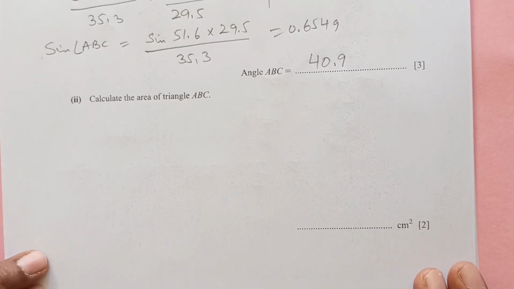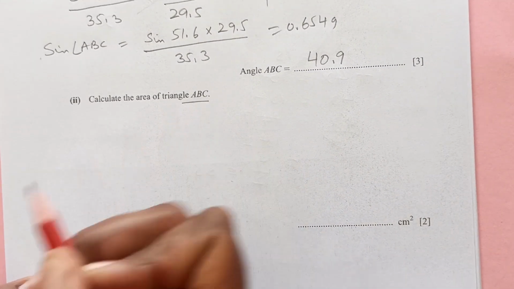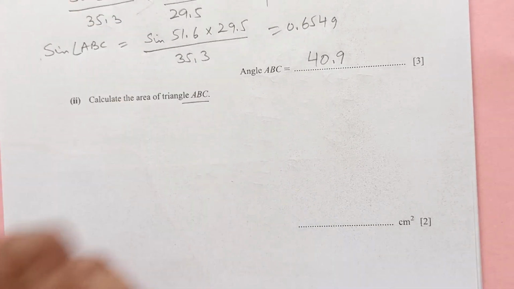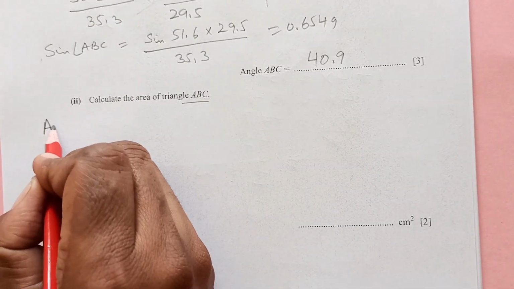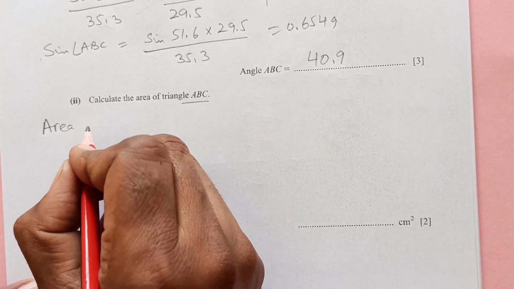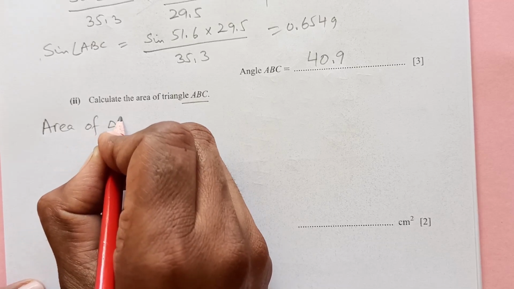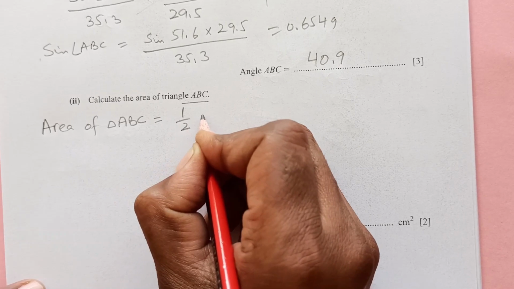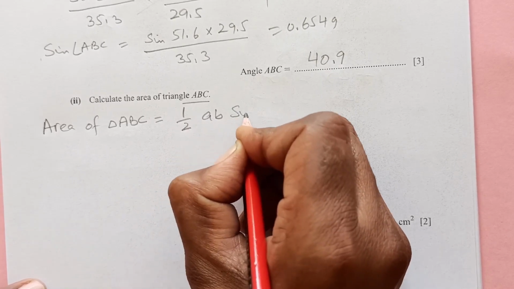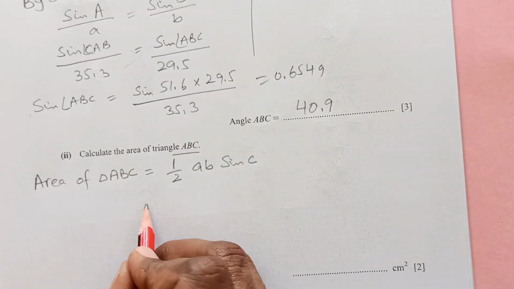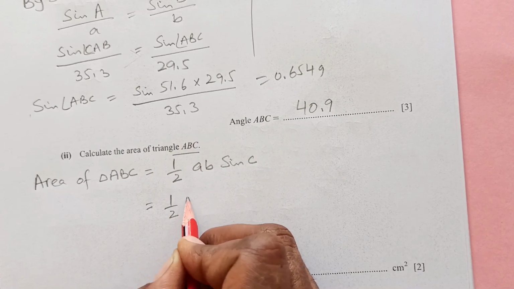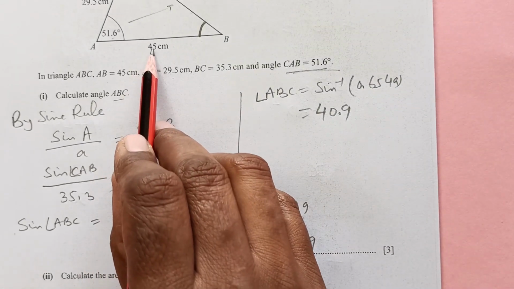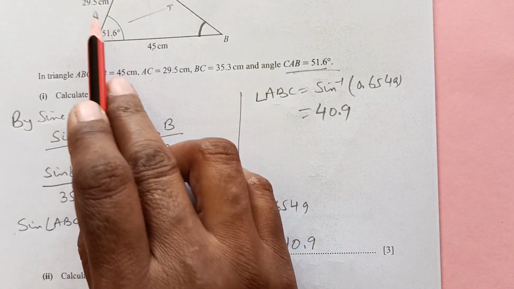Now next we have: calculate the area of triangle ABC. We have this triangle, we can easily use the sine formula for the area, which is half AB times sine C, right? So half AB, A is 45 and then we can take any of these.